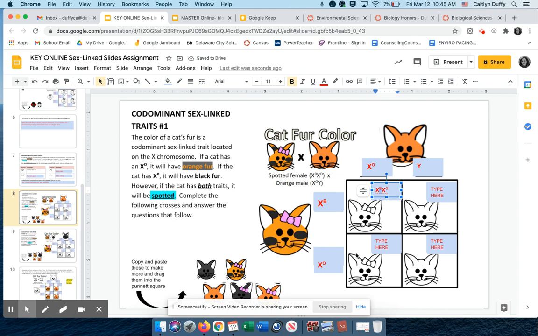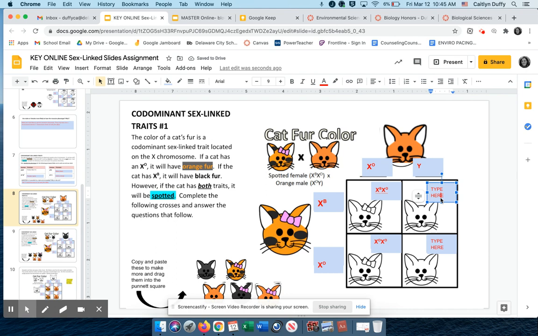Then we're going to have X^O X^O, again, X^O X^O. All right, guys. All right, bold that, make it bigger. And again, superscript those.